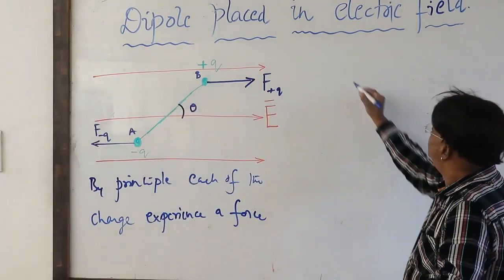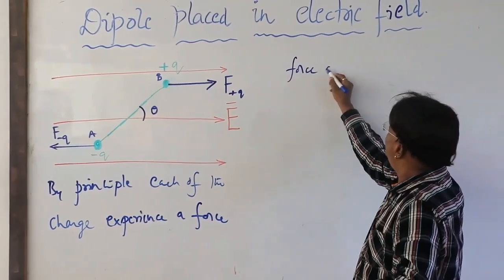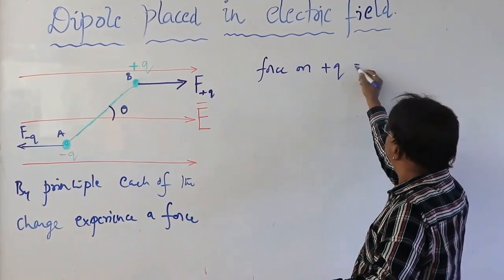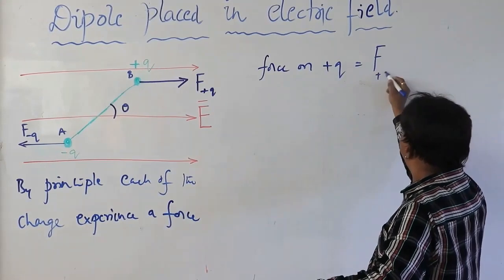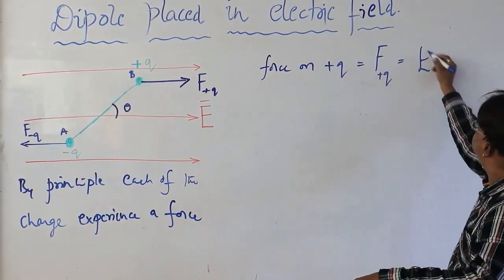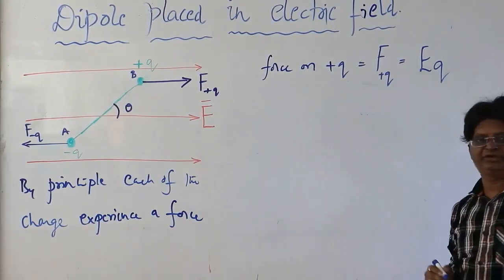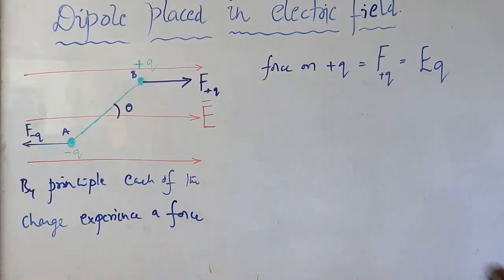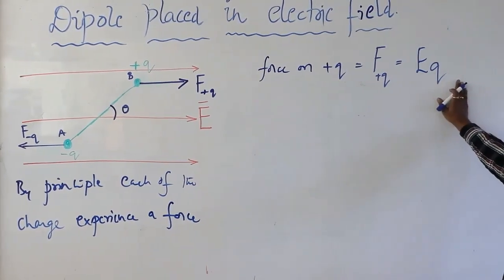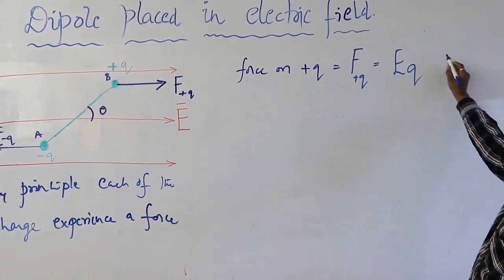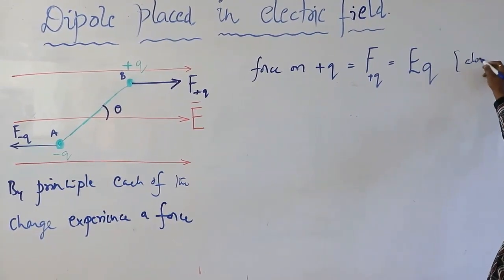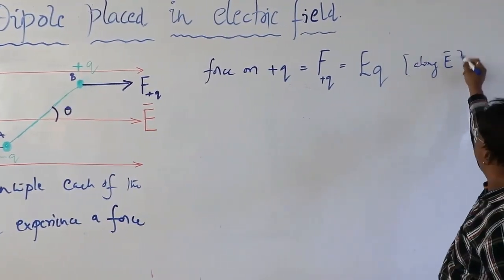Now let us write force on positive charge is F plus Q. The symbol I have used is nothing but simply the definition: E times Q, the intensity times the charge, and this is along E bar.